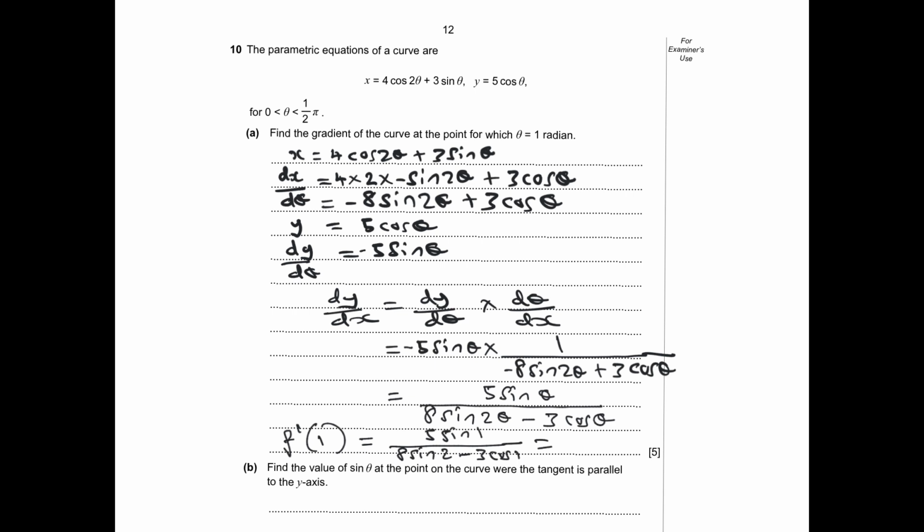What am I going to get there? We'll get 0.7442 and so on. Simplified to 3 significant figures, that will be 0.744. That will be the gradient of that function there.